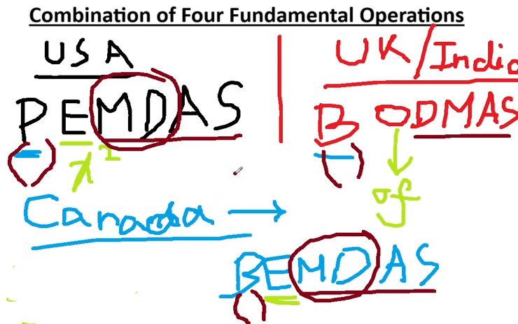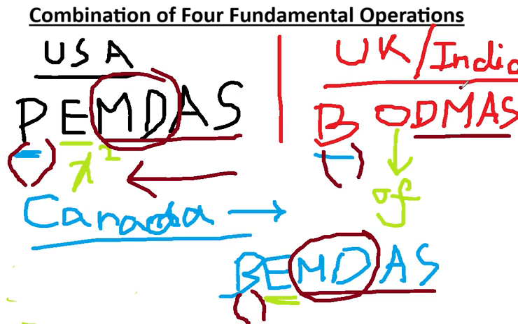As we are moving, first we consider division, then we consider multiplication. The same thing happens for Canada as well. First we consider division, then we consider multiplication in an expression, okay?